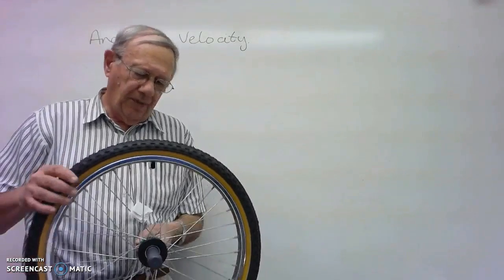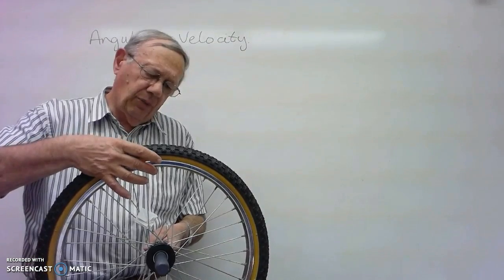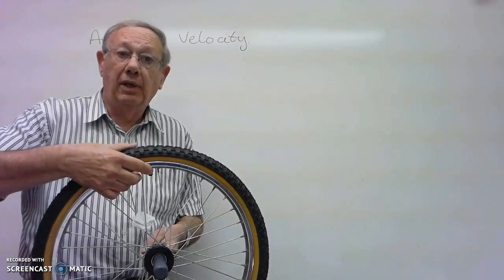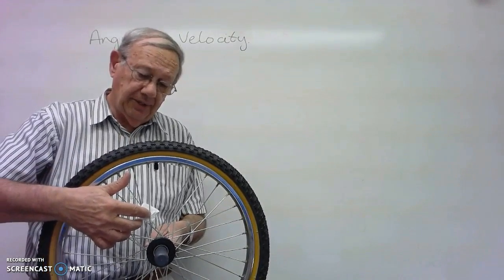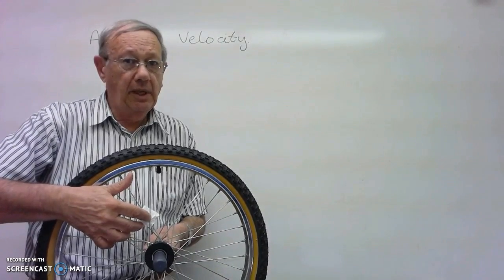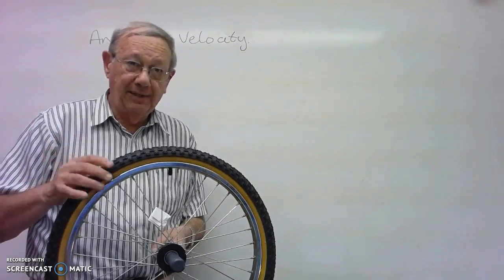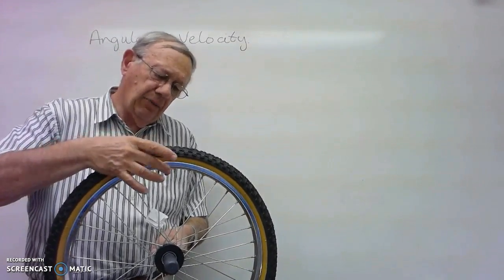What I mean is we can work out how fast something like this valve here is moving, or how fast this is moving in meters per second. That is, if we know the number of radians, or radii, per second, and we know the radius.